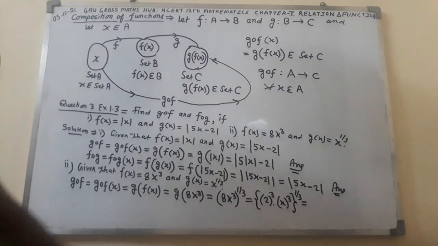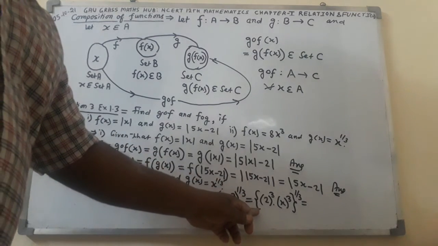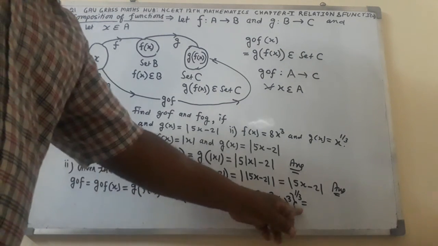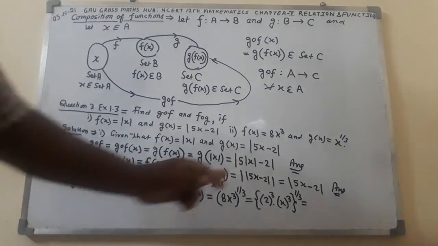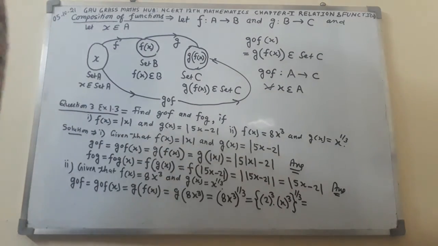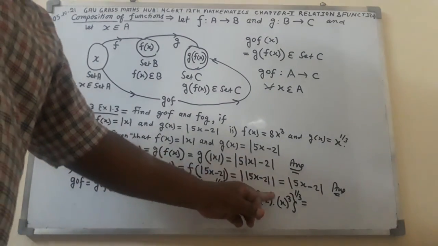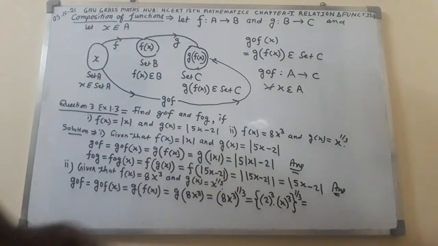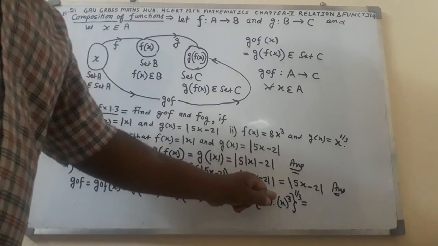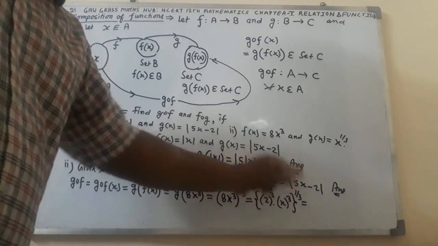So what we'll do here, braces will be broken, 1 over 3 will get entered inside, powers will multiply together, 3 will multiply to 1 over 3.